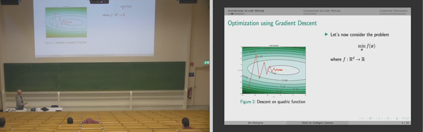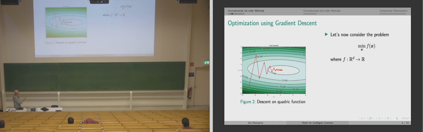Okay, so let's consider the following problem. So in unconstrained optimization, we're just trying to find a vector, a Euclidean vector, that minimizes the objective, and that's it. We don't have constraints, like maybe some bounds in which the vector should stay or something like that.